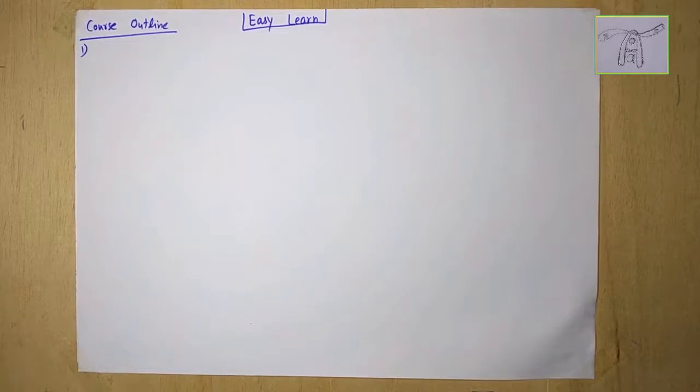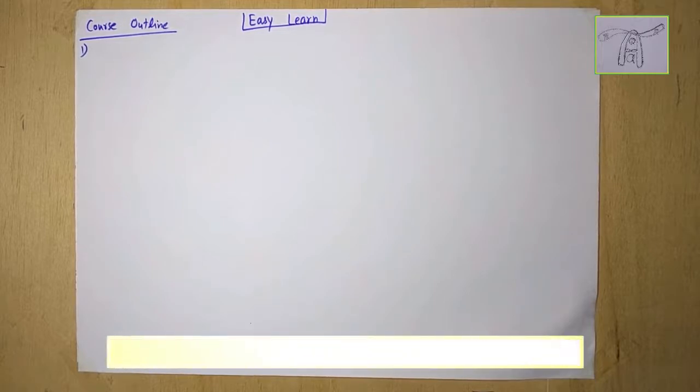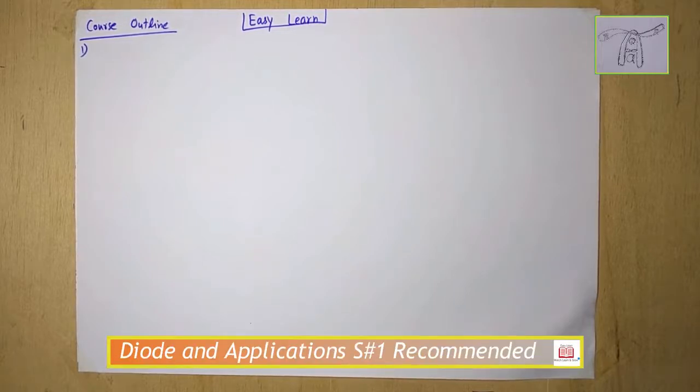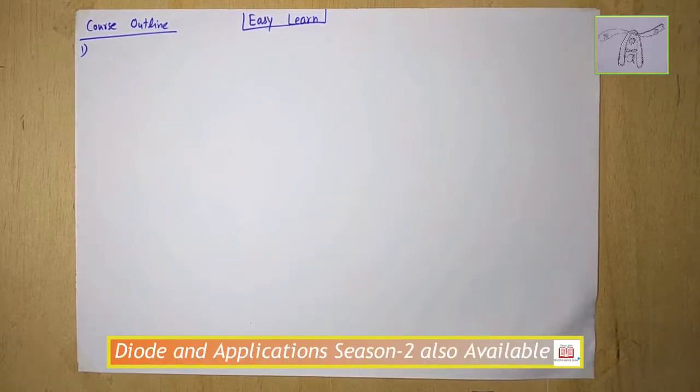Bipolar junction transistor, BJT, is the combination of diodes. So if you don't know about diodes, their junctions, barrier potential, and basic terms, watch Diode and Applications, because I'm not going to repeat the basic things again and again.